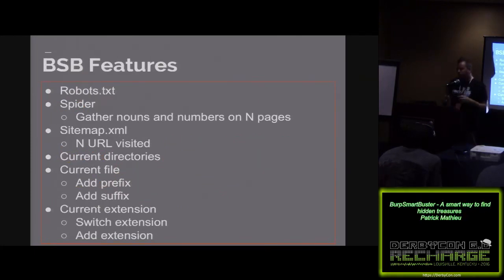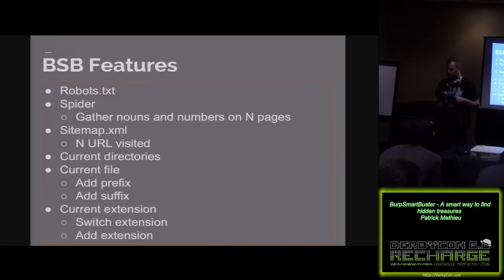So the features that I added: mostly, when I do a request, at first it will check for specific files that exist, but only once. So when you go to a victim.com site, it will check the robots.txt, gather all the disallowed directories and files, and test if those files exist.